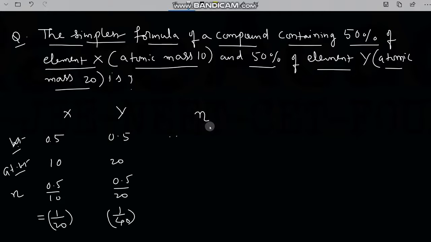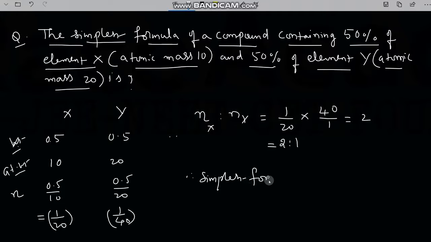Therefore, what is the ratio of number of moles of X and Y? That is 1 by 20 into 40 by 1. It is 2 is to 1, the ratio. So we got 2 is to 1. Therefore, what is the simplest formula of the compound?